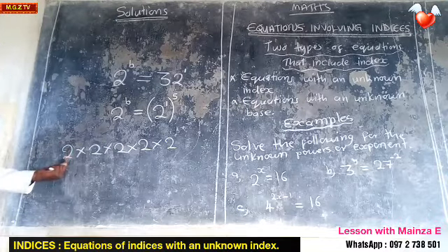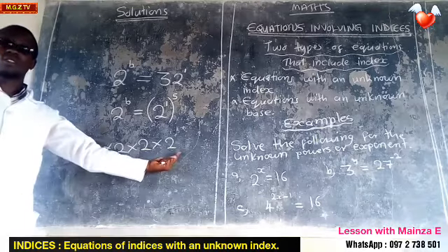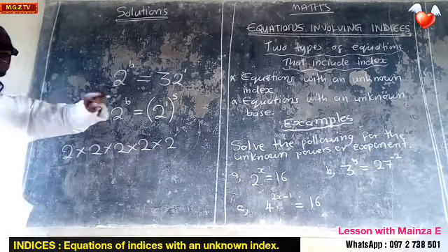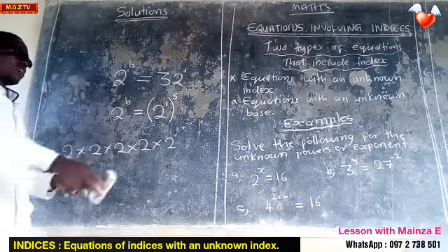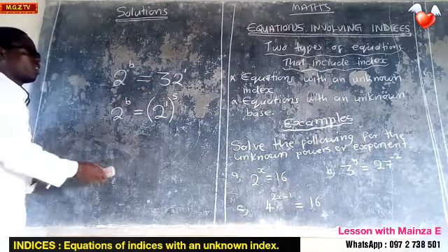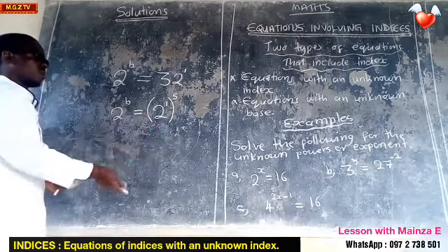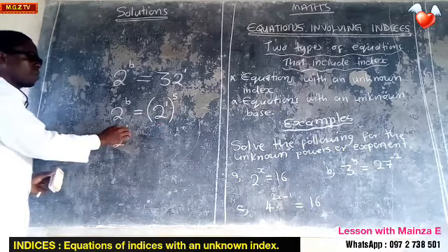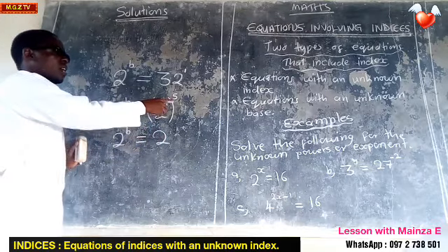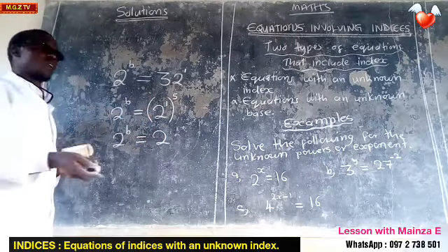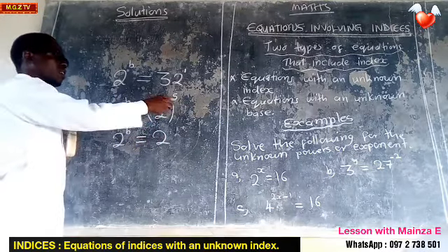2 can be multiplied by itself 5 times. That 5 becomes the power for this part. Then from there, we remove the bracket. We say 2 to the power b is equal to 2 to the power 1 times 5, where you multiply 1 times 5 and you get 5.